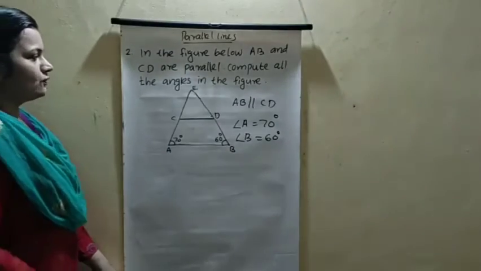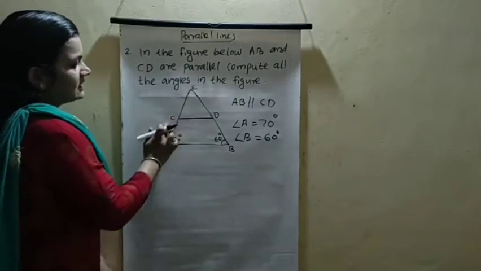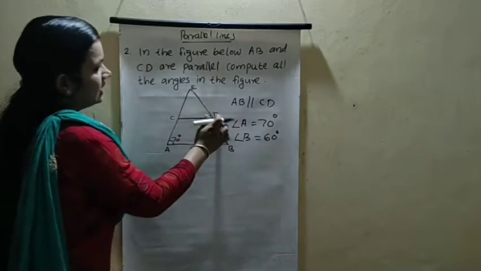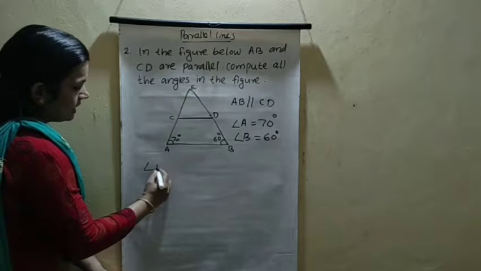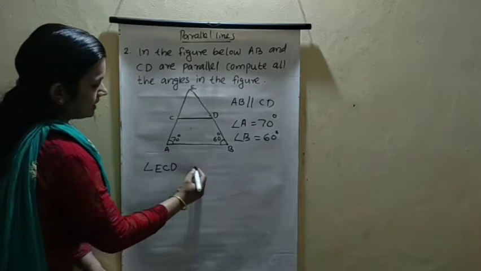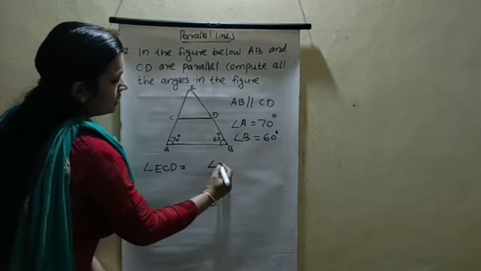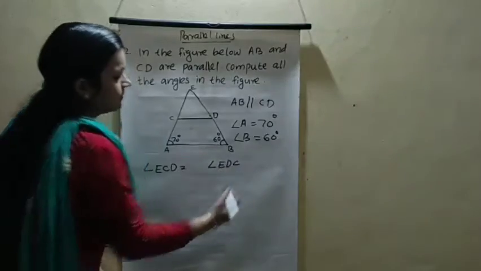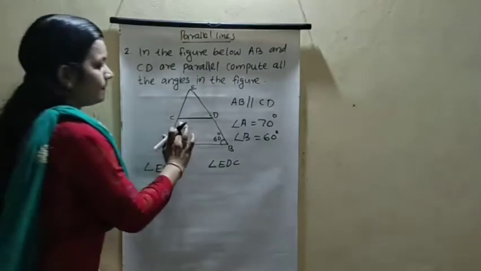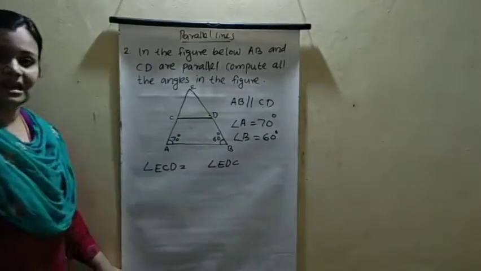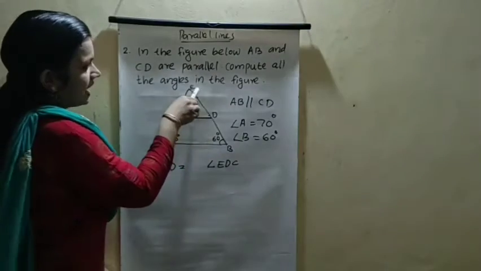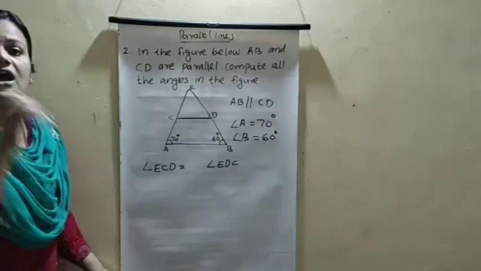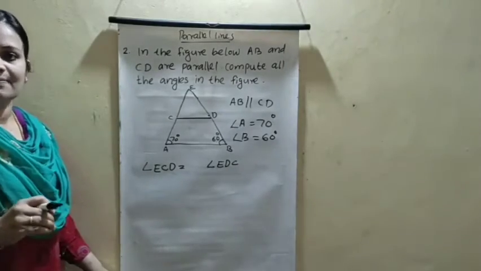Next we have to find angle ECD and angle EDC. Look at the figure. These are the parallel lines. So angle ECD and angle EDC are corresponding angles.